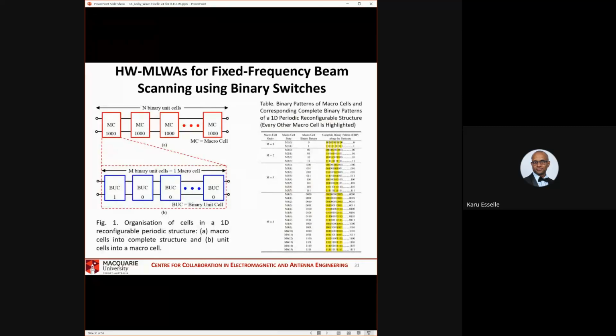Okay, so it's a bit complicated, but the configuration, you can look at these figures carefully in the paper.